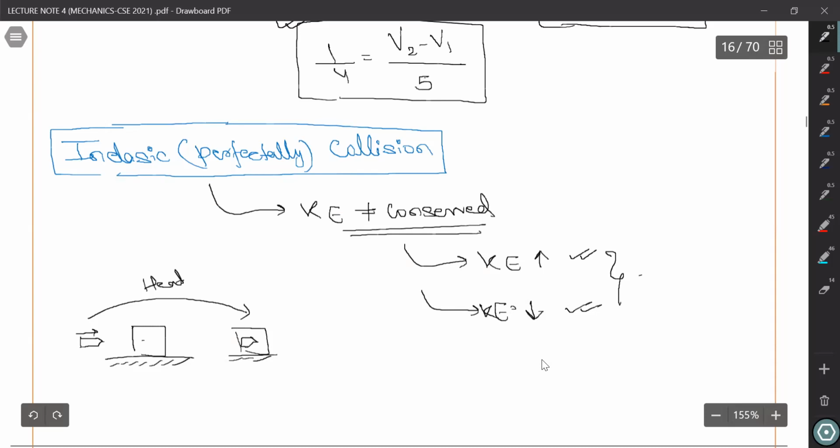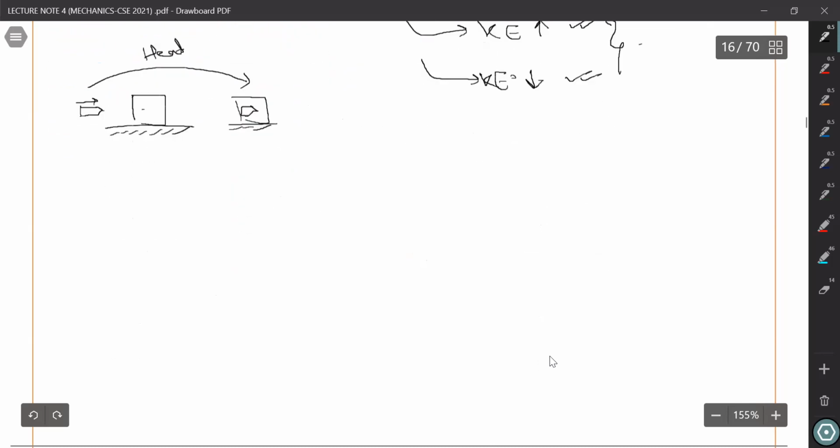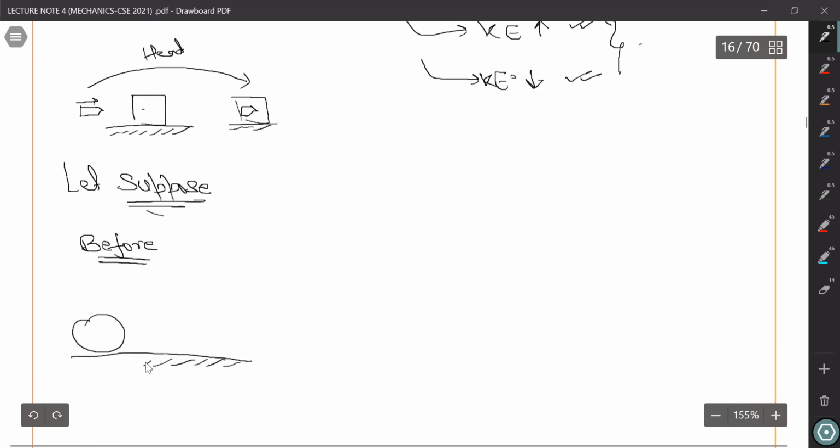Okay, so if we want to calculate the velocity, so what we can do, let's suppose before collision, and we are talking about just before and just after. So let's suppose this is the condition: m1, this is m2, this is moving with u1, this is u2.